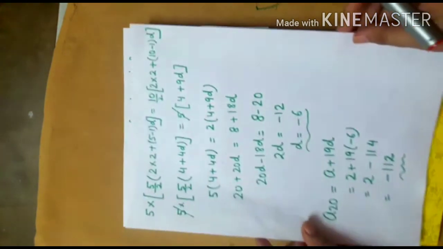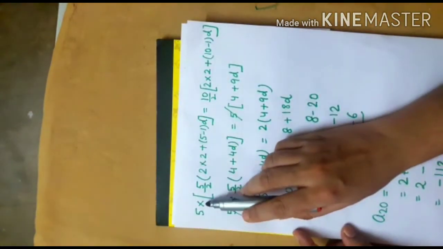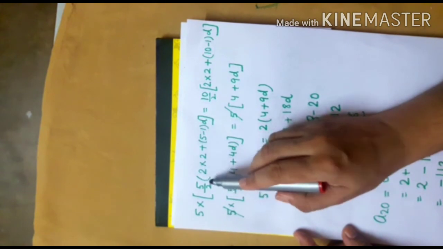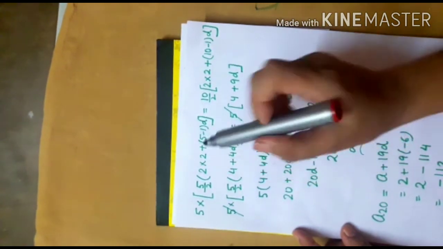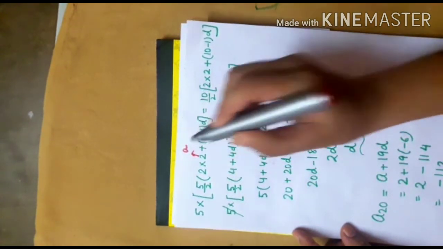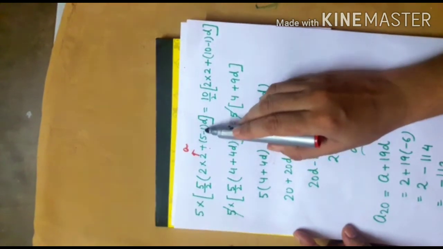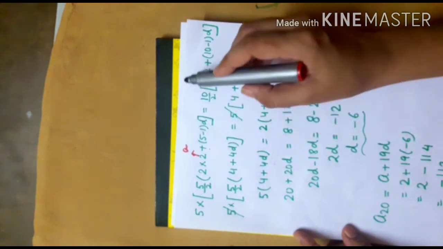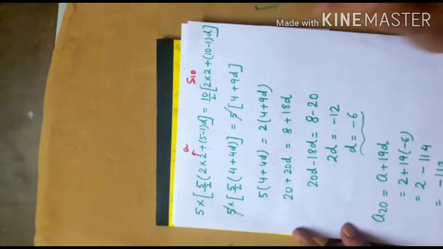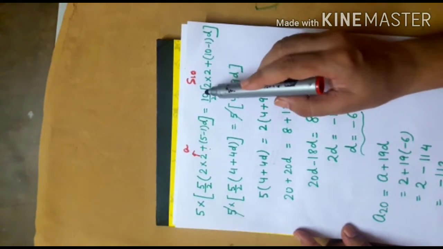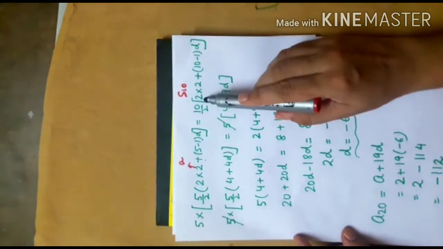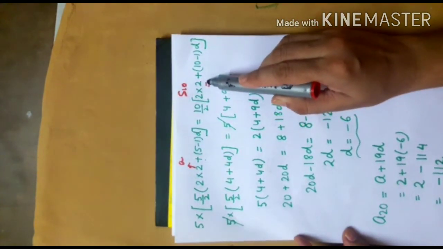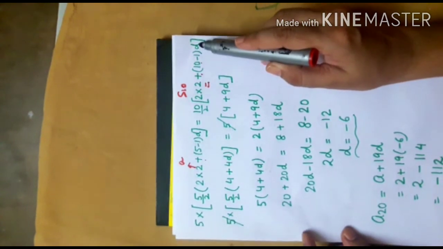So I get 5 into 5/2 into (2a, and value of a is 2, plus (5 minus 1)d) equals, here we had S10, so I replace n with 10, so I'll get 10/2 into (2a, a was 2, plus (10 minus 1)d).